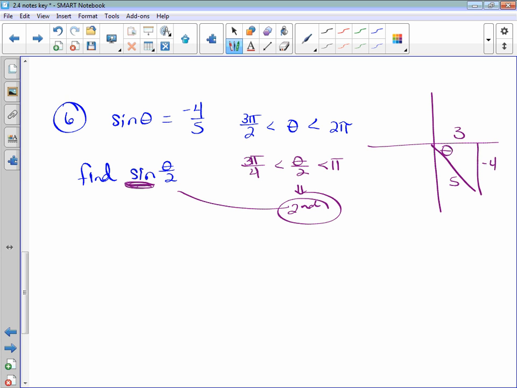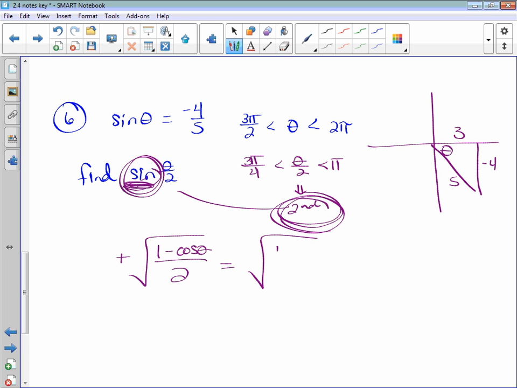So, sine in the 2nd quadrant, positive or negative? Positive. So, I have 1 minus, what's the cosine of theta? That's 5 over 5.